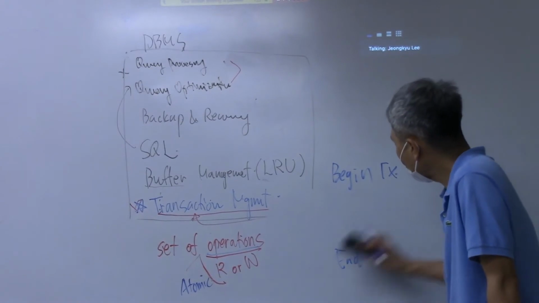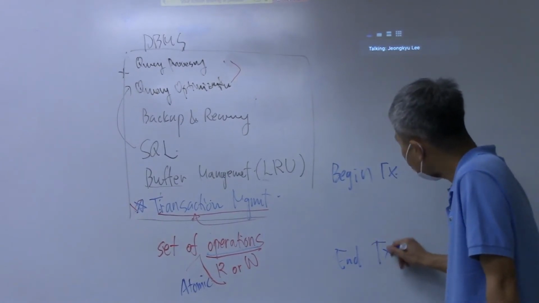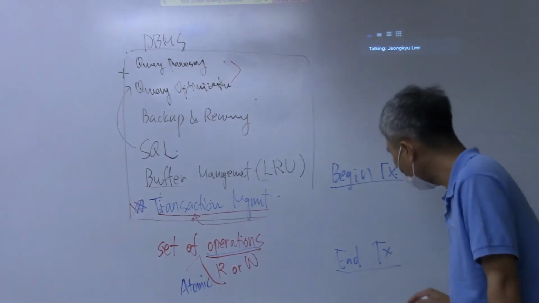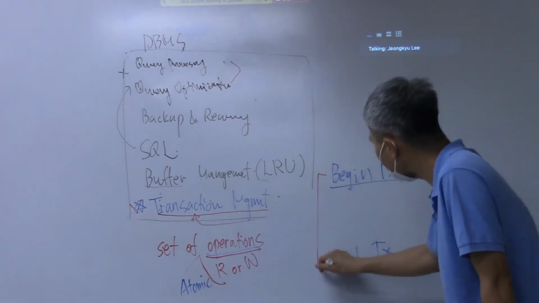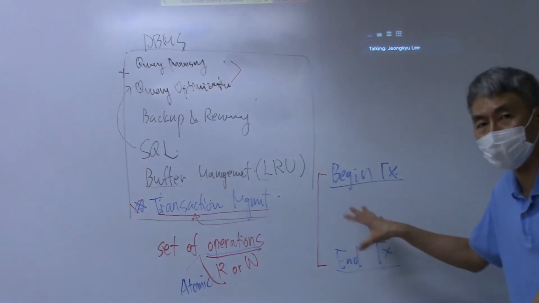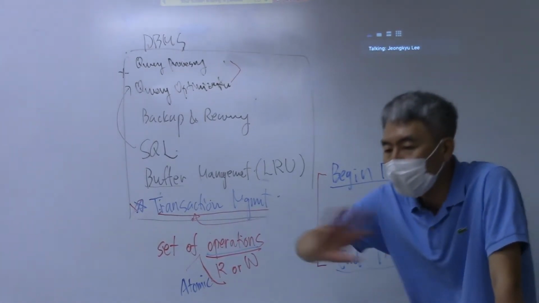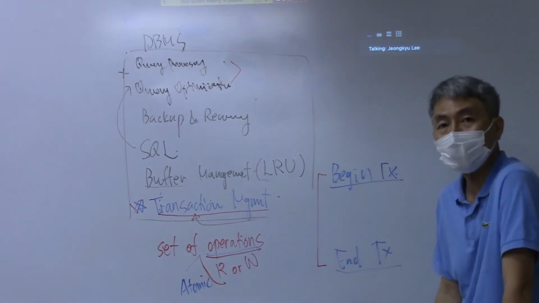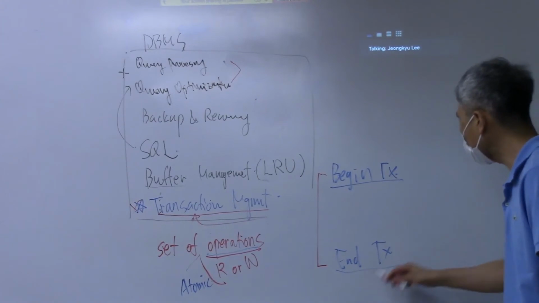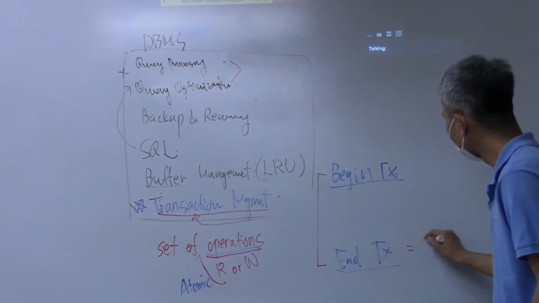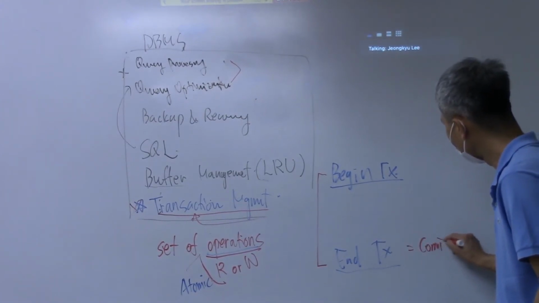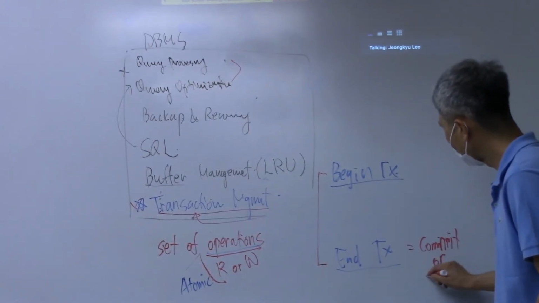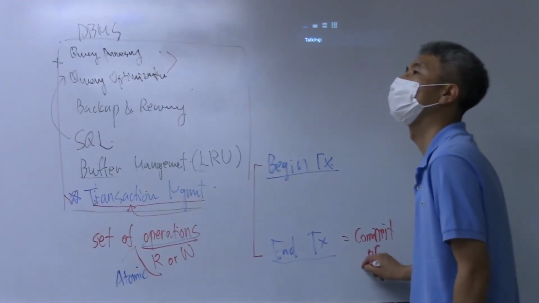A transaction always starts with begin transaction and always ends with end transaction. This is the group of operations. In between, you can put a number of reads and a number of writes. But it will always end with either commit or rollback.